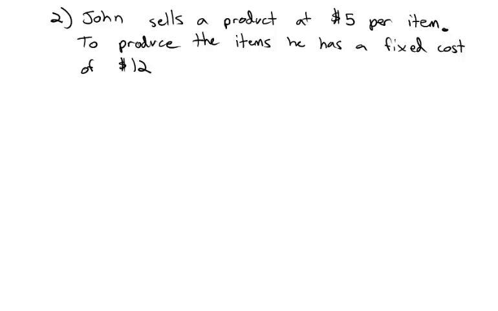Every time you produce this many items, you have to pay $12 plus a variable cost of $3 per item. So then the supplies for each item on top of the startup cost are $3 per item.